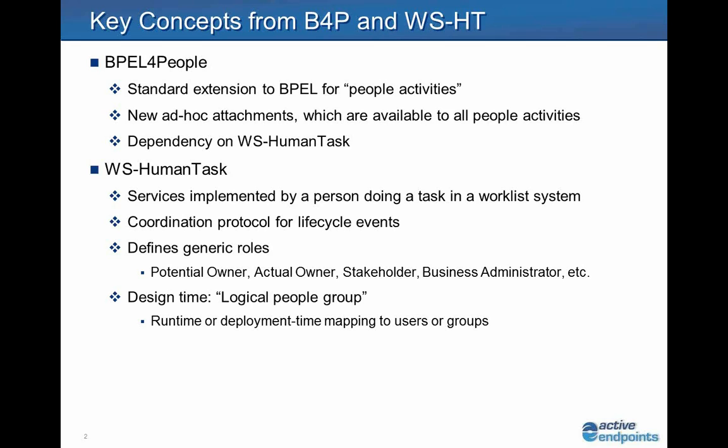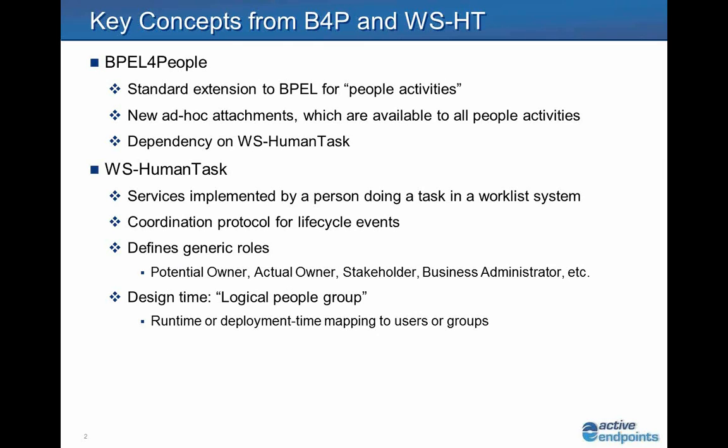It includes things like a lower-level coordination protocol so that you can tell when a task no longer needs to be worked on. It defines roles associated with the task, like there are certain potential owners, actual owners, stakeholders, administrators, etc. And it defines a concept of a logical people group.